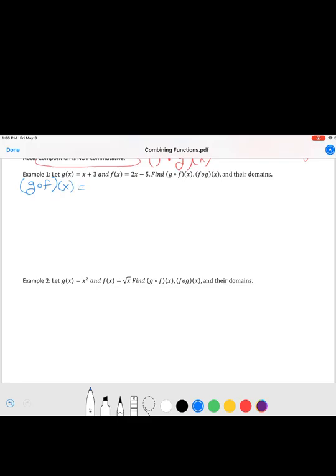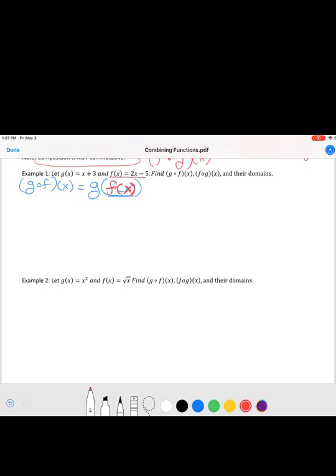Remember, since g is on the left, when I rewrite this, f of x is going to be inside and g is going to be on the outside. So this means I'm taking f of x, let me do it in a different color for those of you who are visual learners, and plugging that whole function f of x into g everywhere I see x.